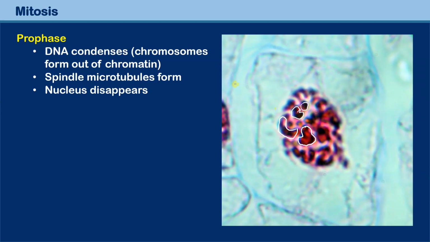That is really important because the cell now needs these chromosomes, because we have to move them around inside the cell. The nucleus starts to disappear. You can still see a little bit of a nucleus around here, but it's in the process of dissolving. The nuclear membranes disappear, and so-called spindle microtubules form.